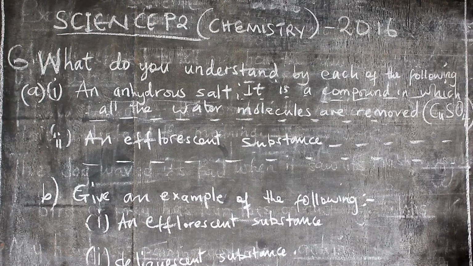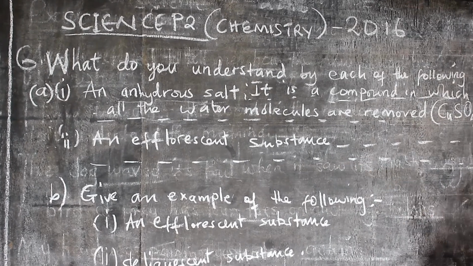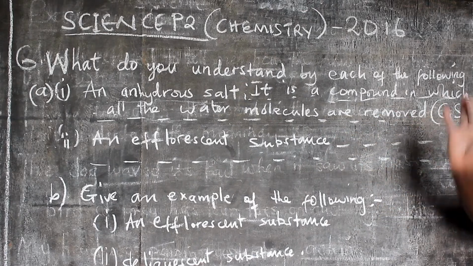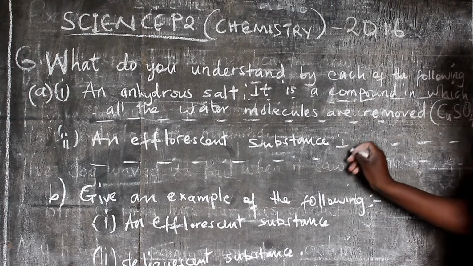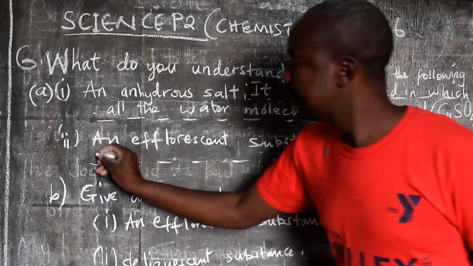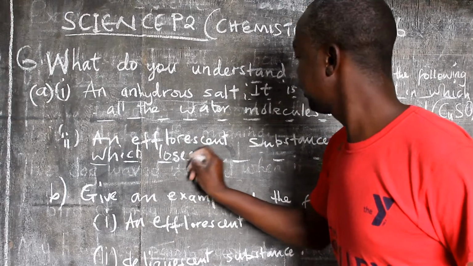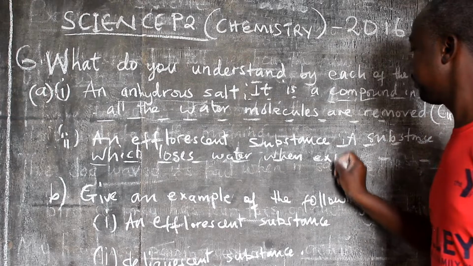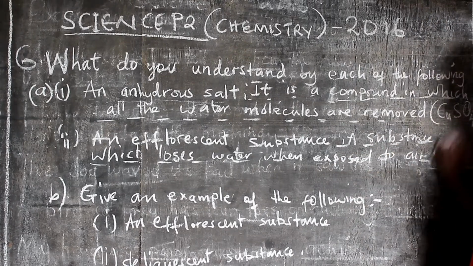What is an efflorescent substance? This is a very good question. An efflorescent substance is a substance which loses water when it is exposed to air.